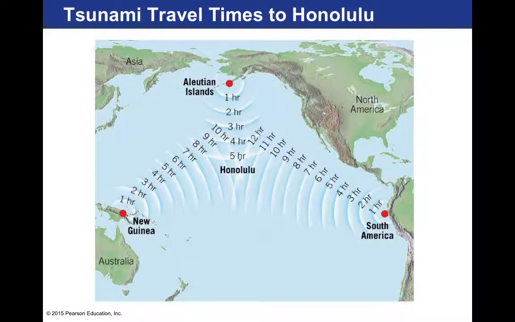So a place like Honolulu, Hawaii would have plenty of time's notice for the waves to propagate that far. And there was a recent study that I read about that said if you're more than a couple hundred miles away from a tsunami, you're probably not looking at the type of destruction that you would see if the earthquake happened at a fault right off the coast of some location.